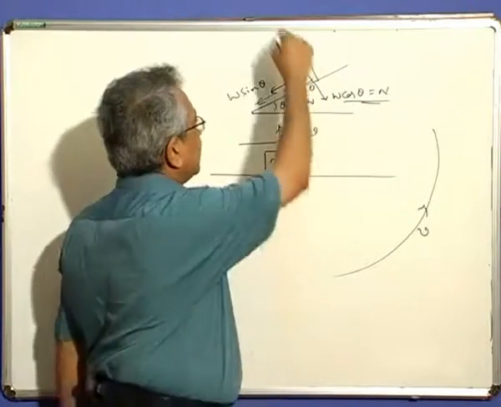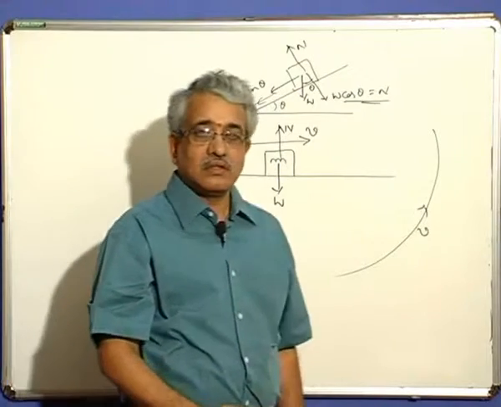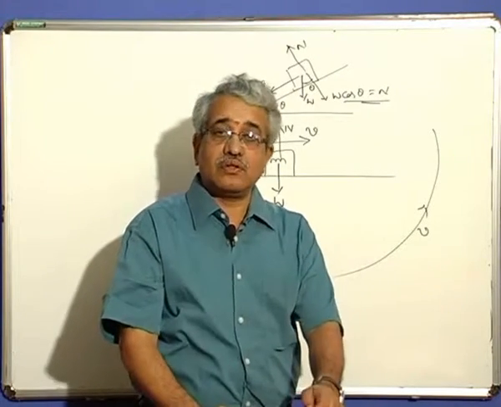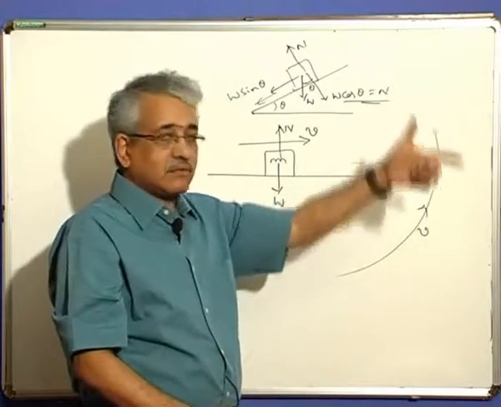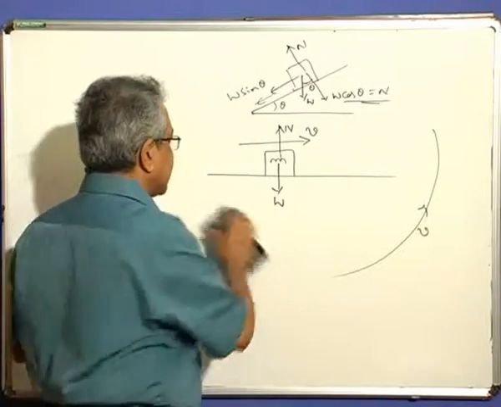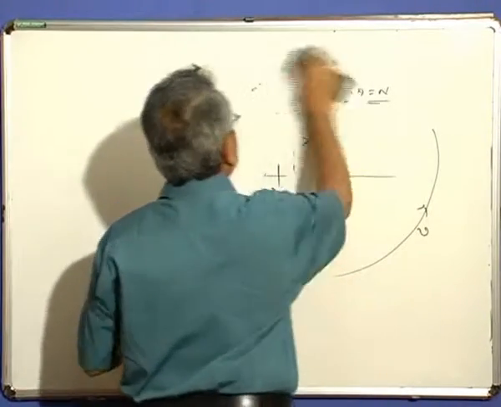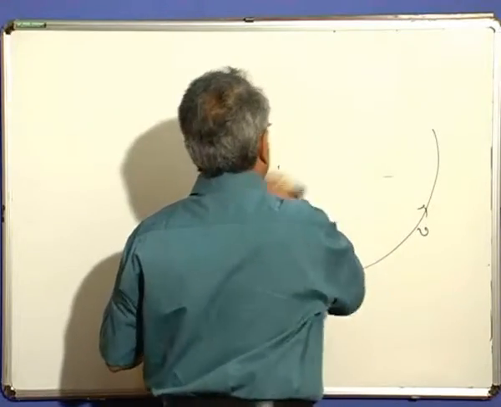So the body cannot move in this perpendicular direction. It moves only in this direction, down. So the effective force is in that direction. See, the weight is responsible for the motion of the body there, just like a body freely falling down. But if the body is not moving in the direction of the weight, or is inclined to the weight, weight is still acting there. That is what I am trying to impress upon here.